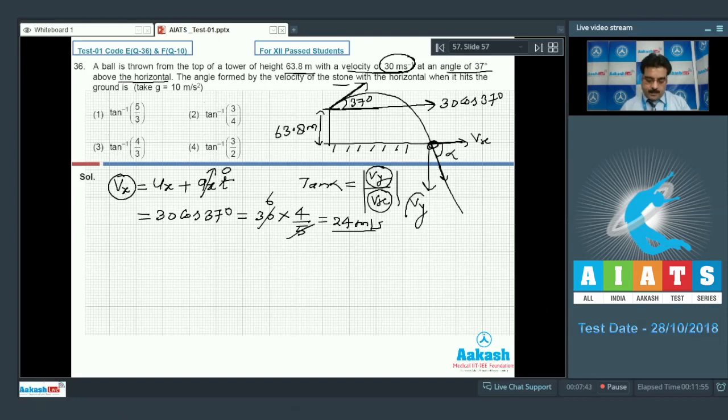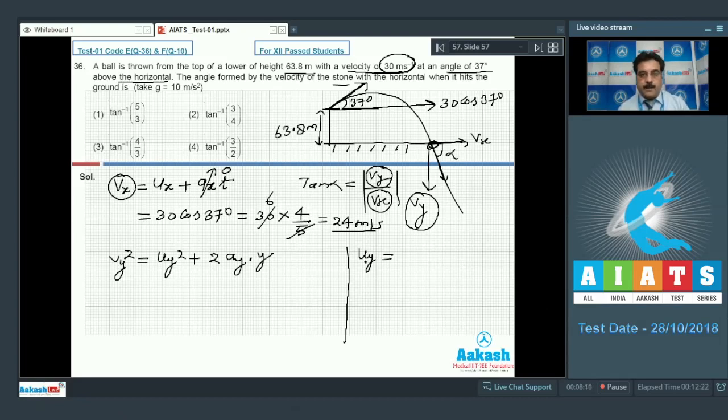The second requirement is Vy, so I am going to take the equation along the y-axis, Vy squared = uy squared + 2 ay y. Ay means acceleration along the y-axis. So first my requirement is uy. Uy is the initial vertical component of the velocity at the point of projection, meaning here.